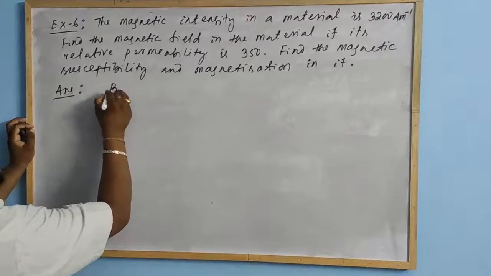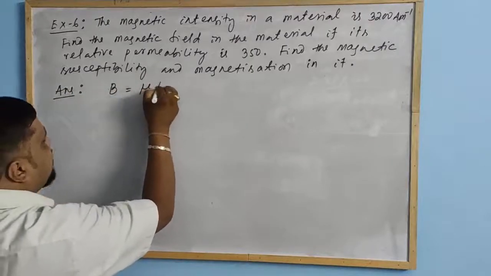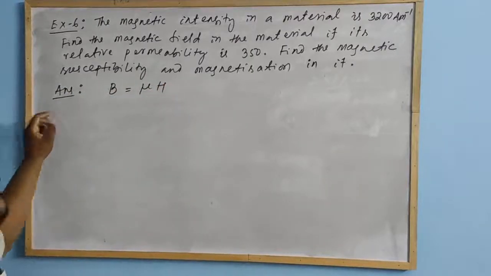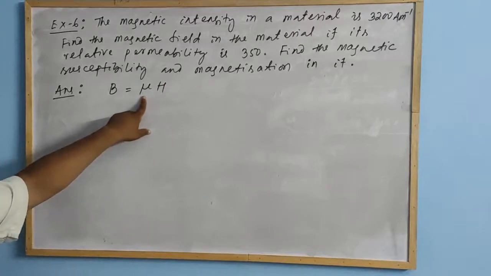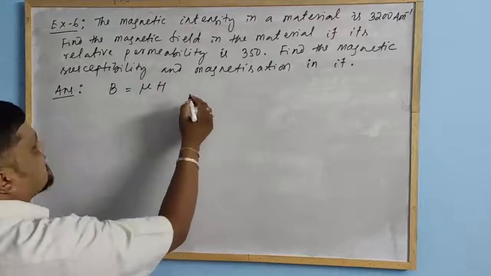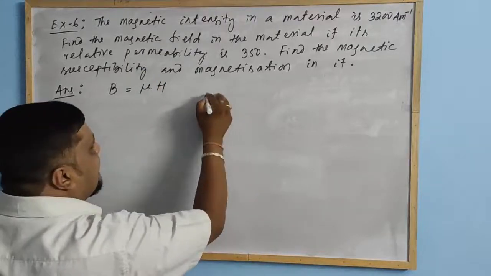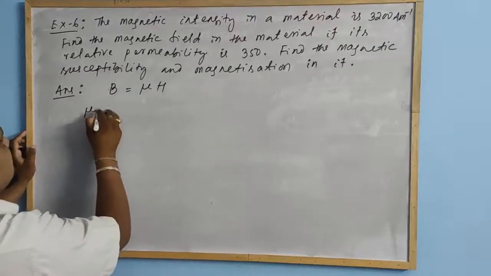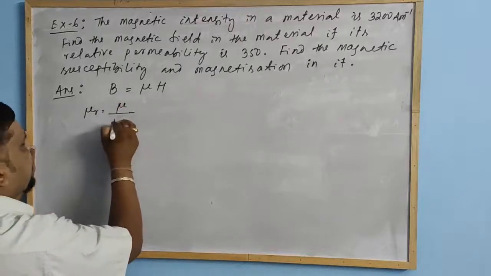As you know, for a material, B is equal to mu H. But here mu is not given. What is given here? Relative permeability is given, mu R. So what is the formula for mu R? Mu by mu naught.